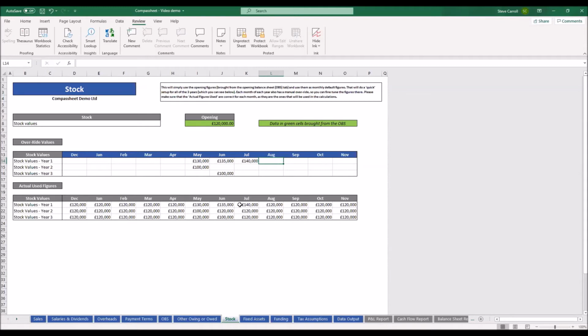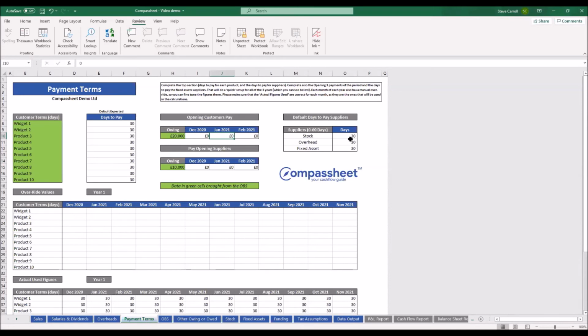So through into the cash balances and the trade creditors or supplier balances, it will take into account the fact that we need to buy in an extra £10,000 worth of stock, and depending on what we put in the payment terms for stock suppliers, so if we go back into payment terms for stock, we'll see there 30 days later it will assume that we'll pay for that stock.